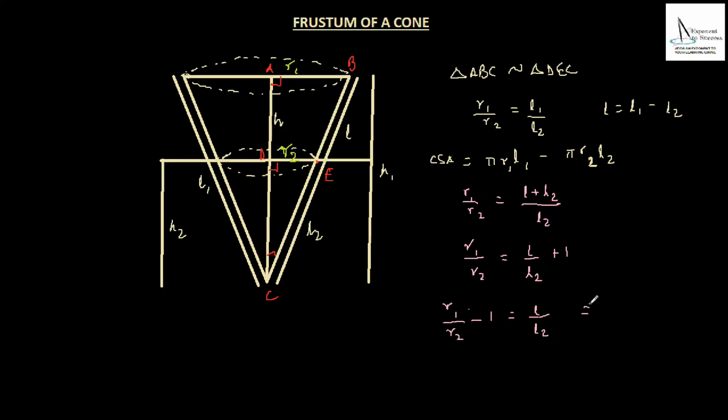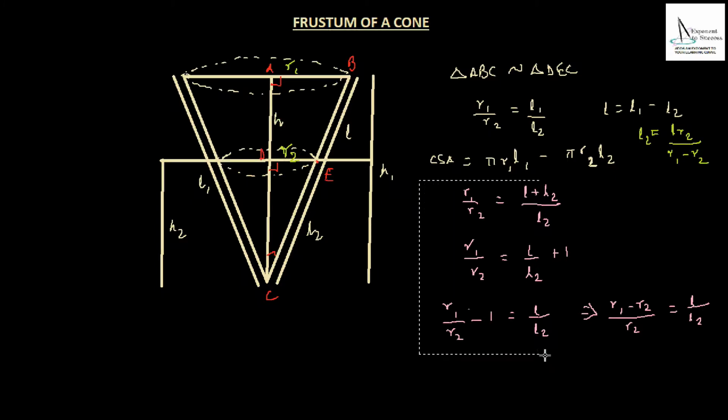We can simplify the left hand side by taking R2 as the common denominator, and we get R1 minus R2 over R2 equal to L upon L2. Now if I want to find the value of L2, I can take L2 to the opposite side and R2 to the other side, so we can write that as LR2, and R1 minus R2 comes in the denominator, so L2 is equal to LR2 over R1 minus R2.